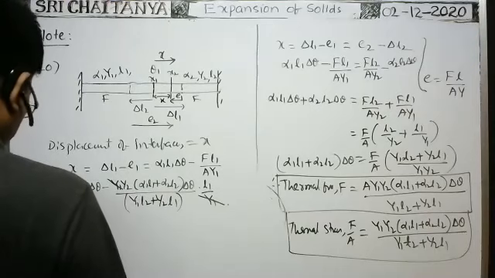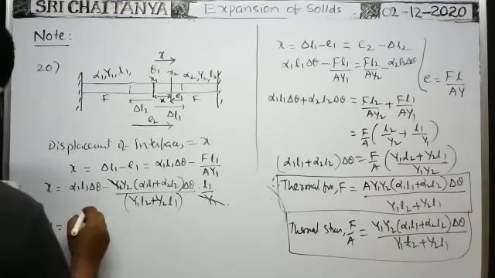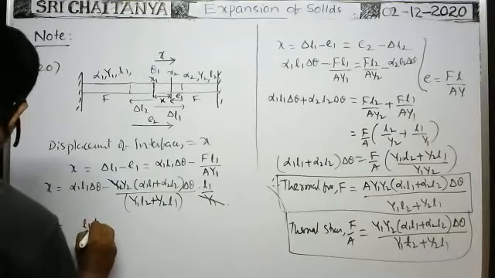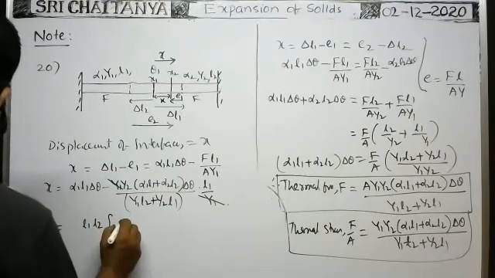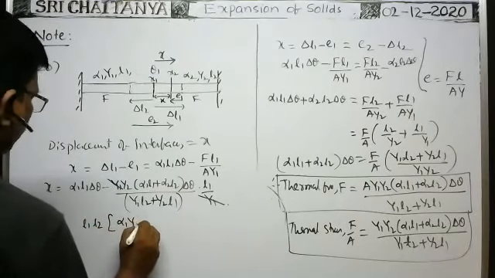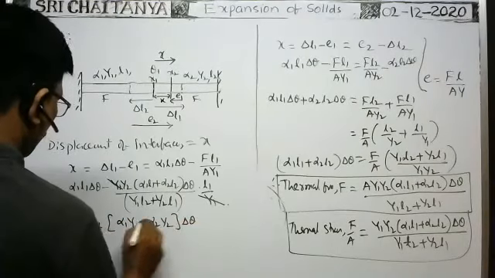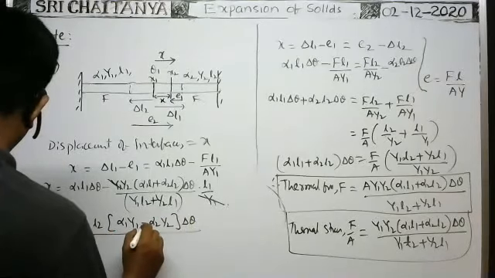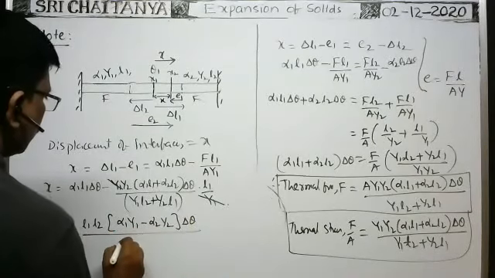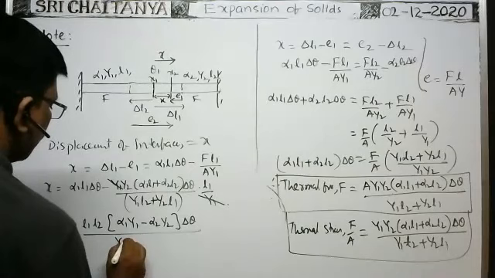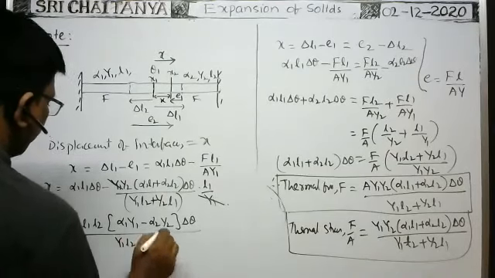So here, L1 L2 into alpha 1 Y1 minus alpha 2 Y2 into delta theta whole by Y1 L2 plus Y2 L1 you will get.